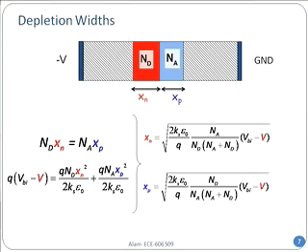If V is going up, then VBI minus V will be a smaller value, and so Xn and Xp will become smaller. So the depletion region becomes smaller for forward bias. This same analysis also applies for the reverse bias. In the reverse bias case, the V will be minus V, and as a result, Xn and Xp will get significantly larger in reverse bias.